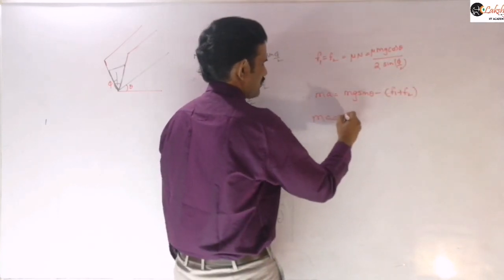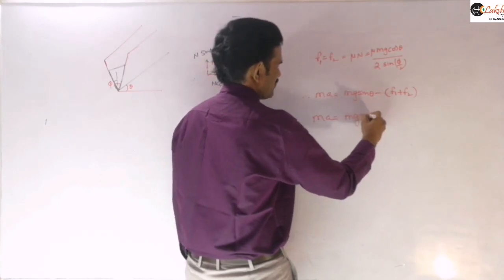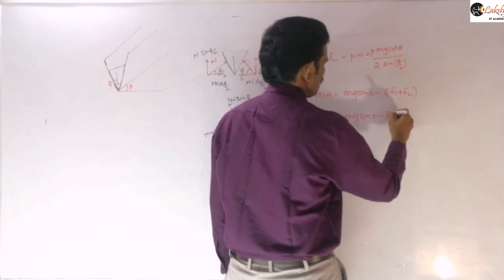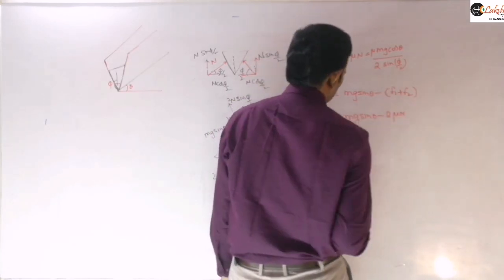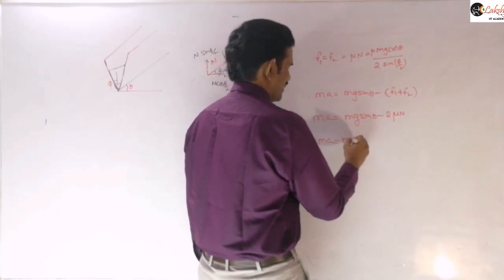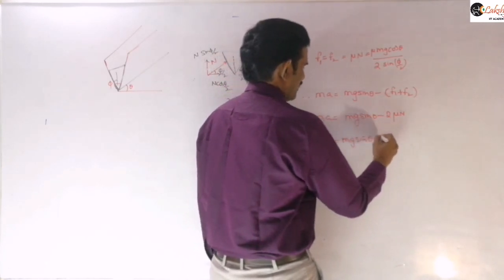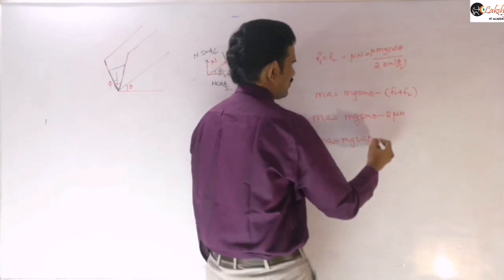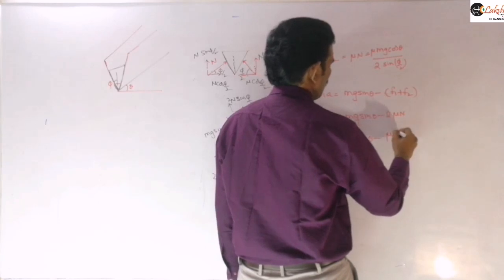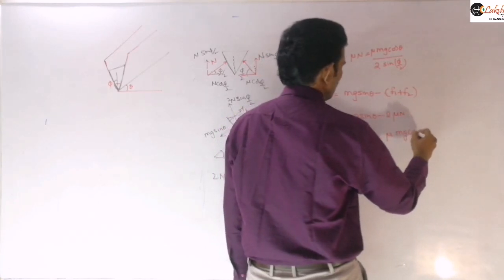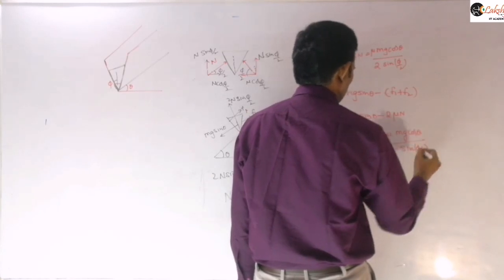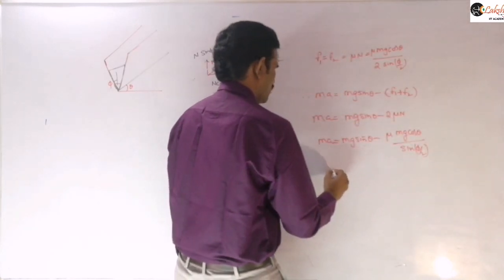So ma is equal to mg sin theta minus 2 into mu n; the 2 will be cancelled. I can write this as mu into mg cos theta by sin phi by 2, and therefore the m you can cancel here.